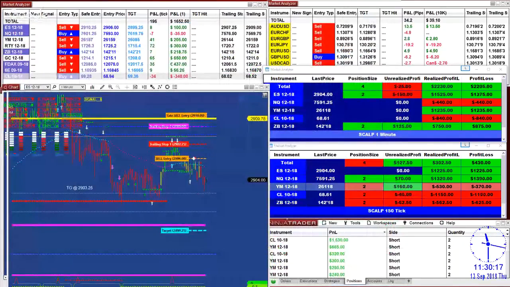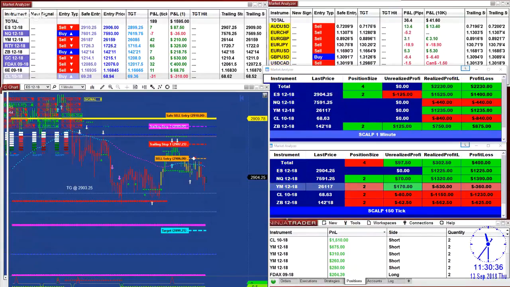So we'll see. CL going south, and we have the Nasdaq going south on the new signal. Okay.